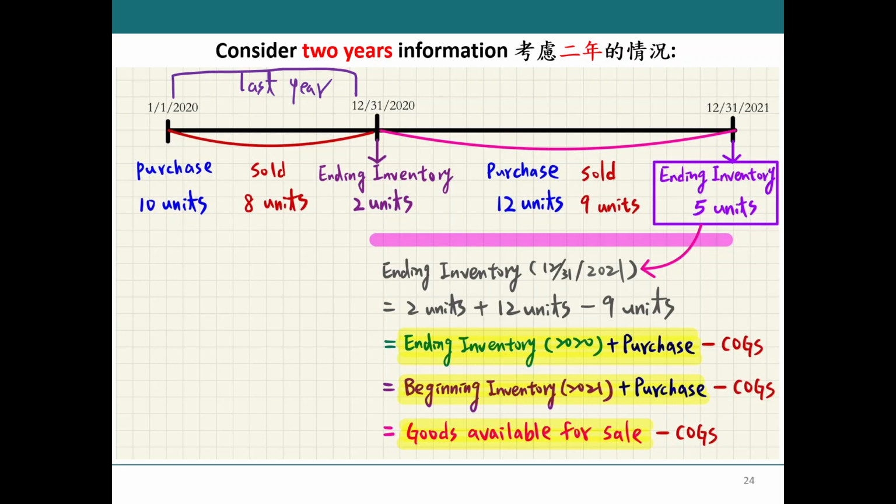期末存货. Ending inventory means the inventory you still have on the last day. So last year, I still have 2 units, right? This 2 units from last year will become your beginning inventory this year, right? Because on your first date, you find out you still have 2 units in your company. So this 2 units is your beginning inventory this year.